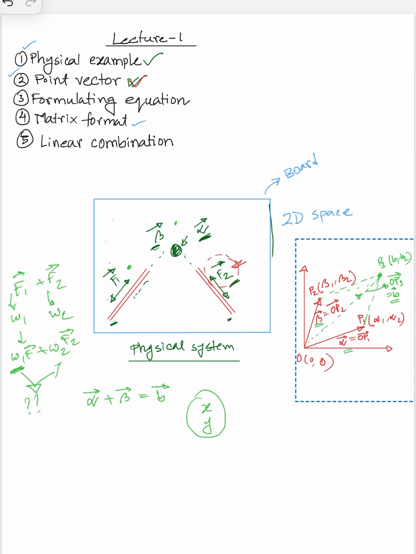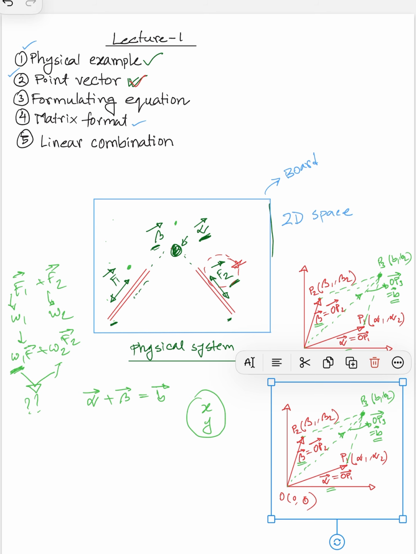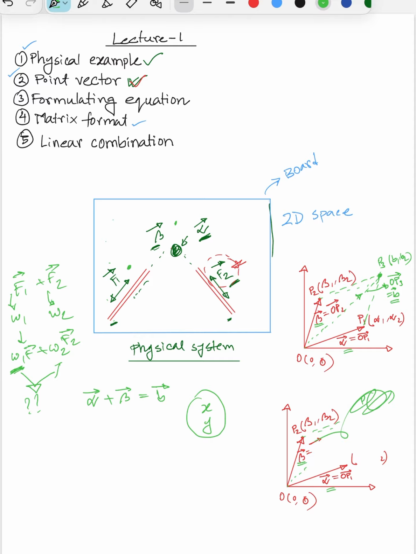I can give an example by simply copying this, and then let's use this. So I'm simplifying this whole thing.